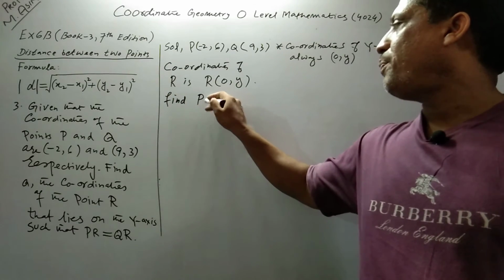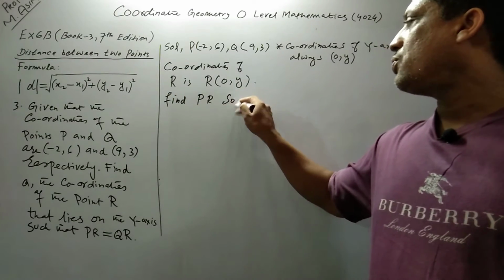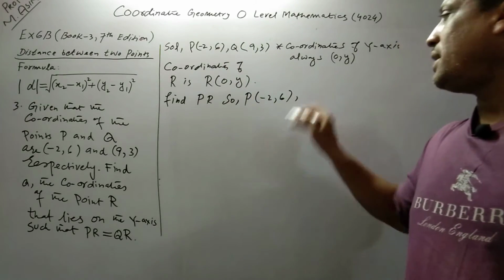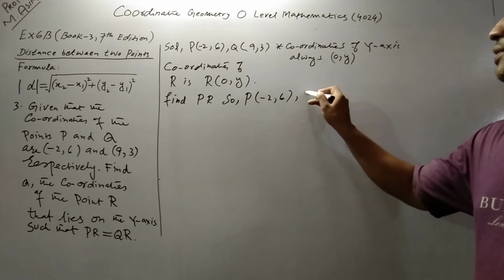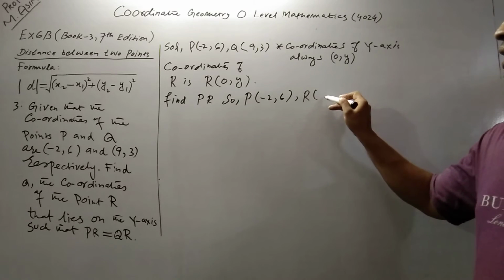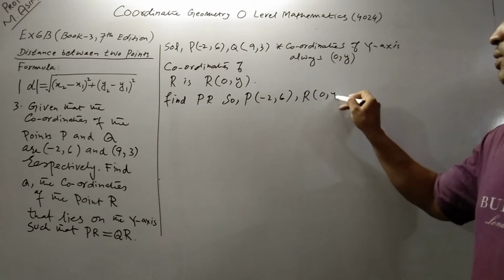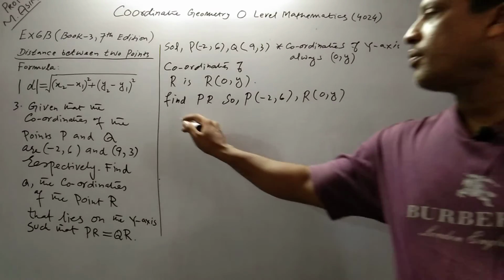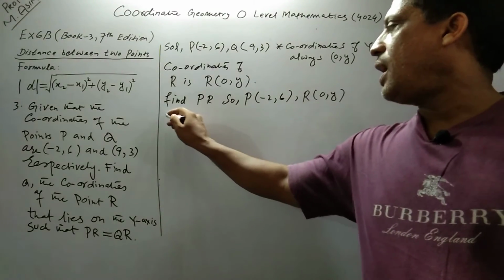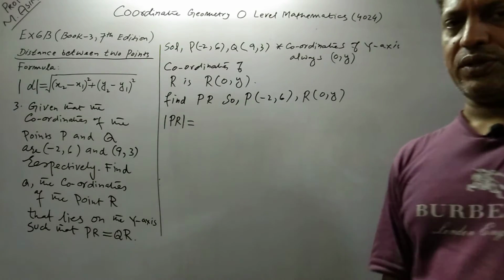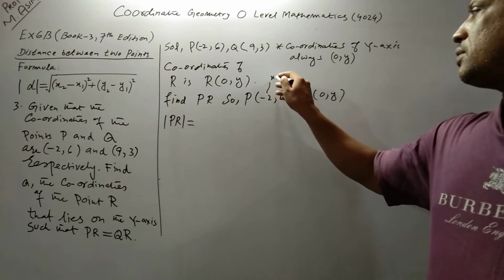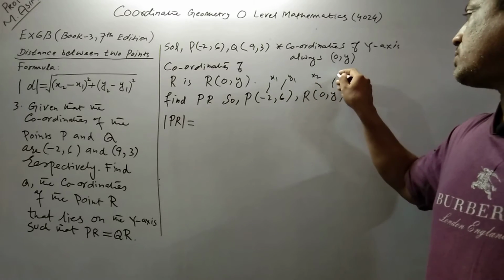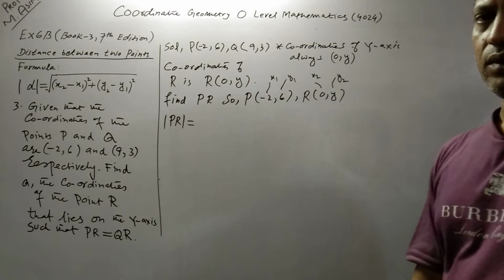Find PR. P is -2, 6 and R is 0, y. Apply the distance formula. PR equals, this is x1, y1, x2, y2.